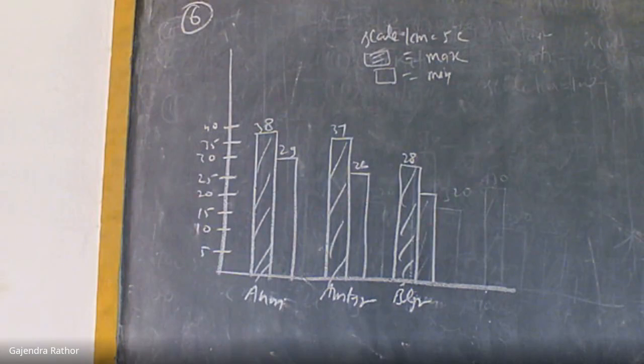The third point is name two cities where maximum temperature of one was less than the minimum temperature of the other. तो हमें ऐसे सिटीज फाइंड करना है जहां पर जो मैक्सिमम टेम्परेचर है वो दूसरी सिटी के मिनिमम से भी कम है. प्लीज रिप्लाई. बेंगलुरु एंड जयपुर.